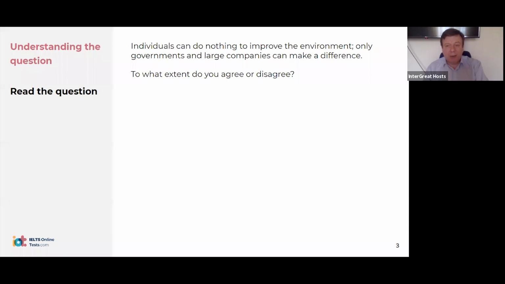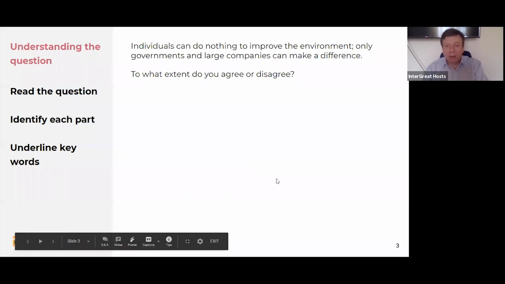That's a good point. You have to identify what type of question it is. We need to identify each part. And then, as some of you already mentioned, we need to underline the keywords. So what would you say are the keywords in that question?